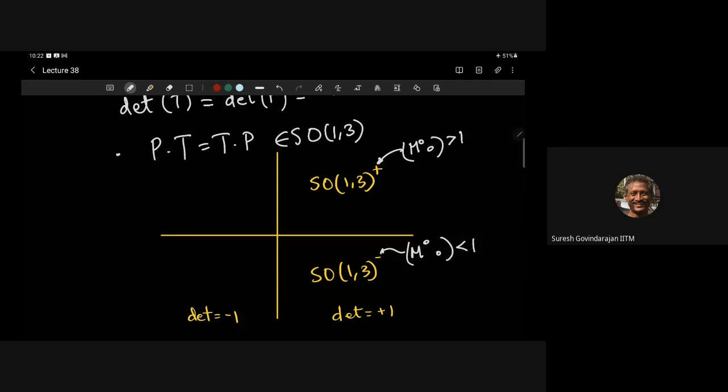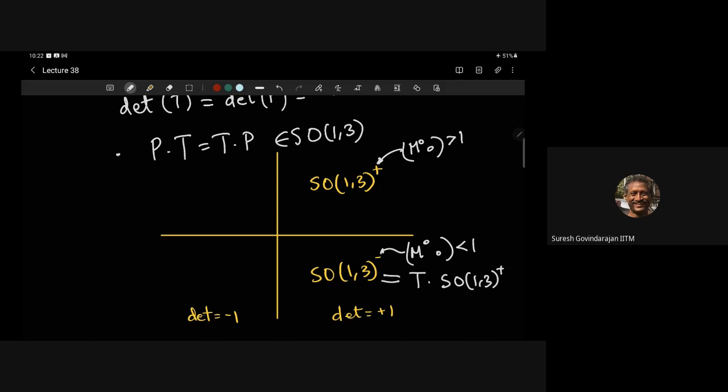So what is happening here is that matrices here would be having time reversal. So this matrix is SO(1,3)+. This can be written as T acting on SO(1,3)+.